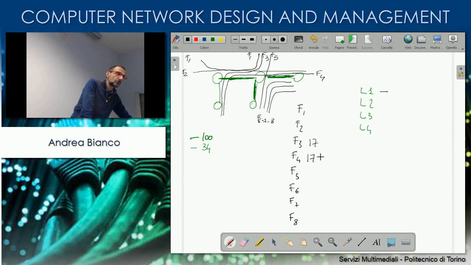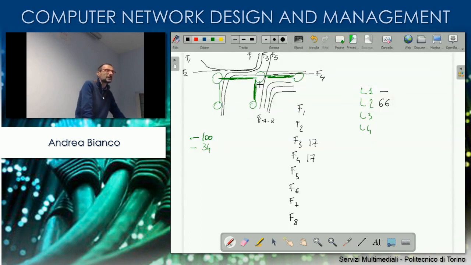Which is the residual bandwidth on link 2 after this assignment? 66? Everybody agrees on that? And the residual bandwidth on link 3, which, if I'm not wrong, is this one here.